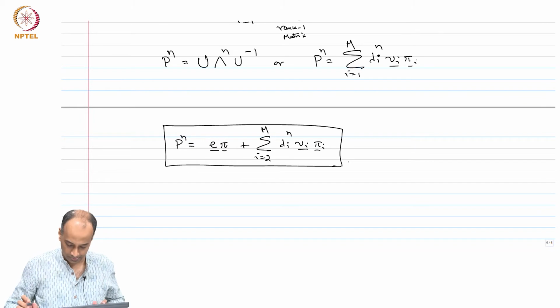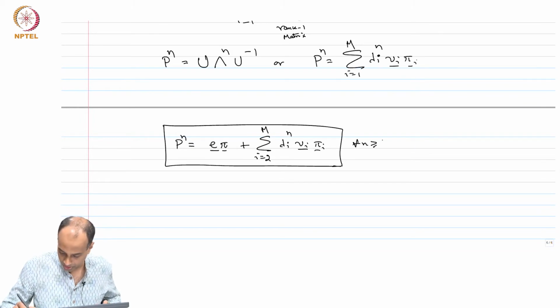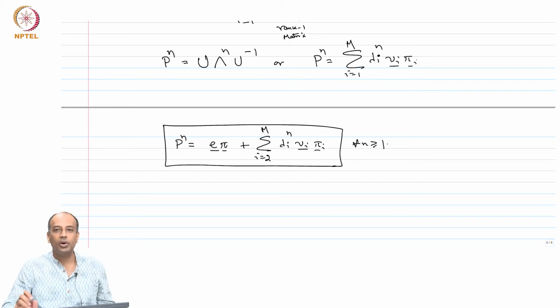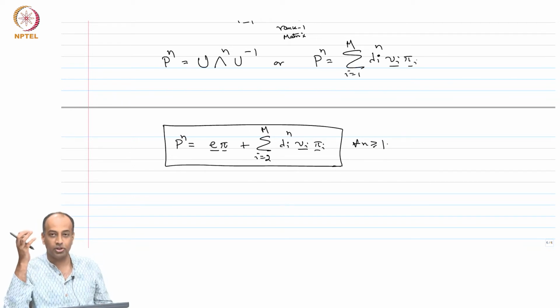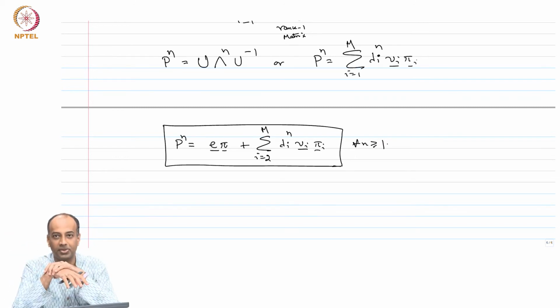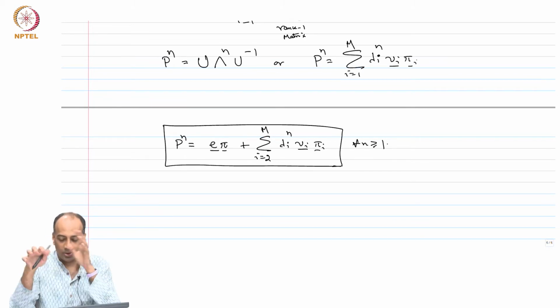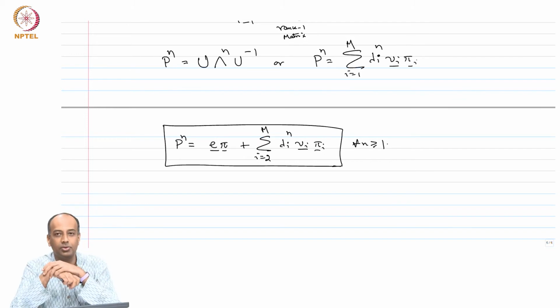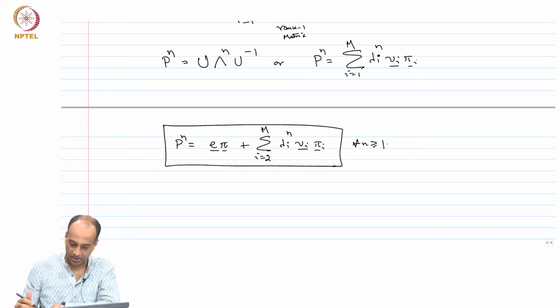So, this is true for all n greater than or equal to 1. So, for all n greater than or equal to 1 we have an explicit expression for P power n, which is the matrix of all pi, plus a bunch of terms. Now, the question is what happens to these terms, sum over i equal to 1 to m of lambda i to the n nu i pi i.